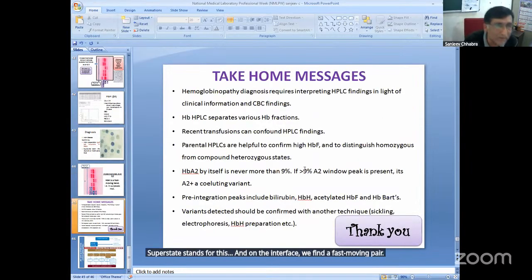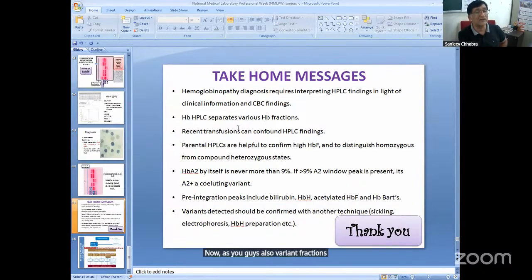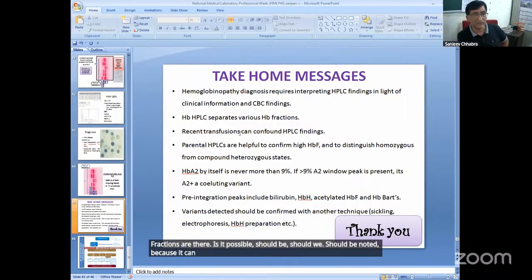And take home messages. When we have to interpret HPLC, we should take in clinical information and CBC findings. And HPLC shows various fractions. Prior transfusion should be noted because it can interfere with our test.